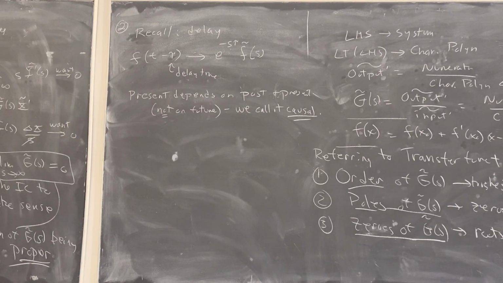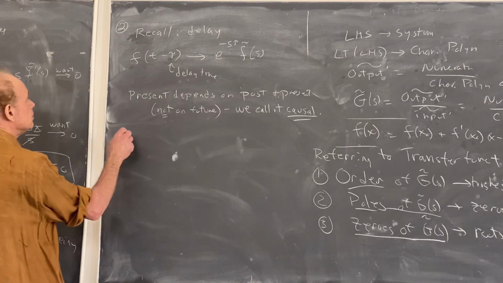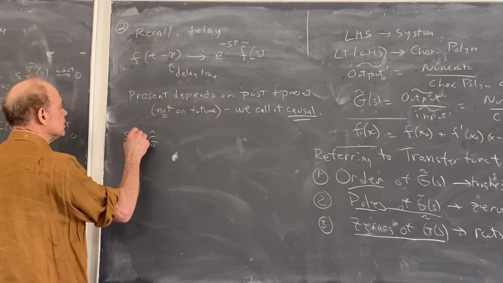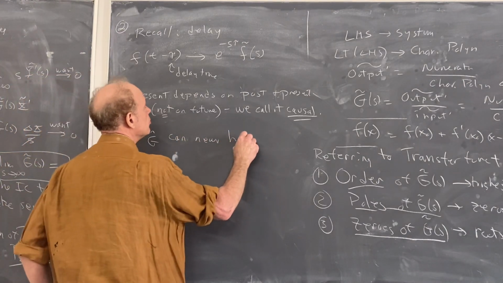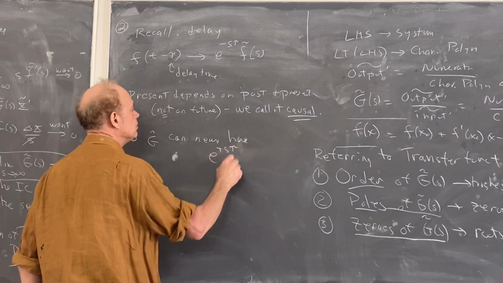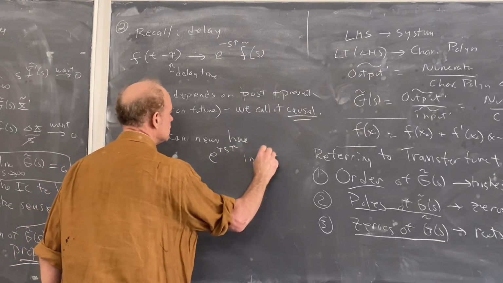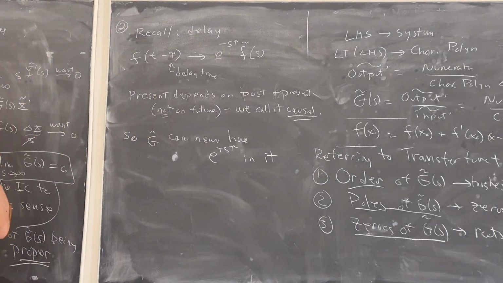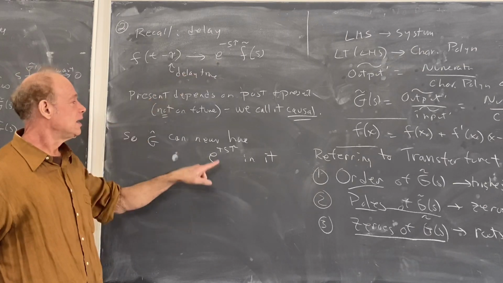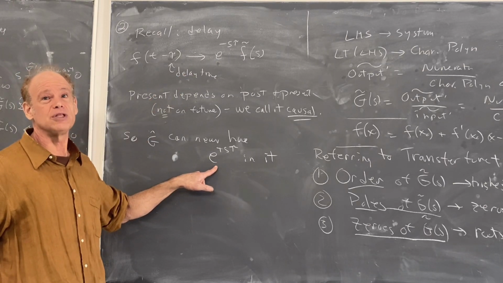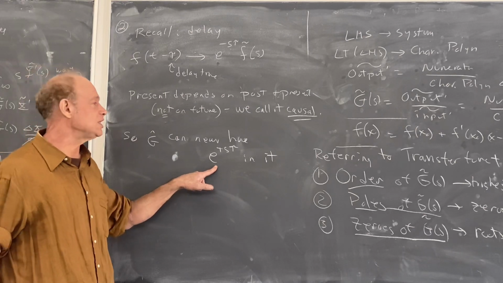It can depend on what's going on now, on the changes that happen now, and on what happened in the past, but not on what's going to happen in the future. So therefore, G tilde can never have an e to the plus s tau in its numerator. Because if e to the minus s tau means the present changes depend on the past, this would mean the present changes would depend on the future. So this would not be causal.